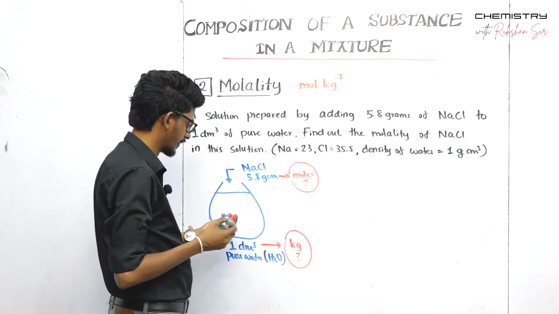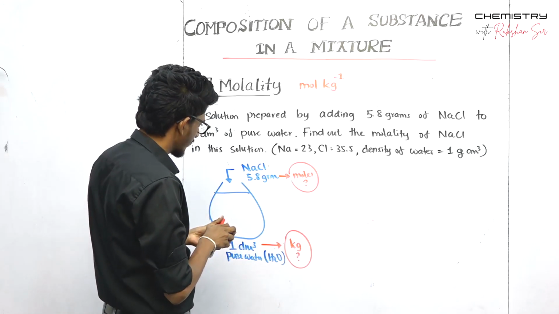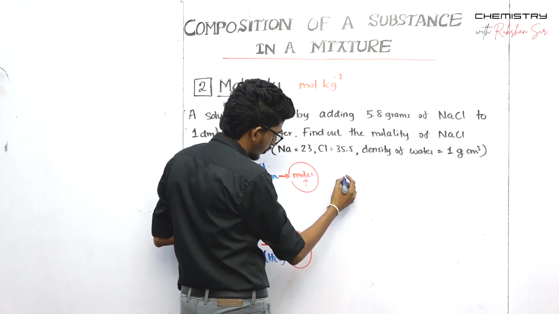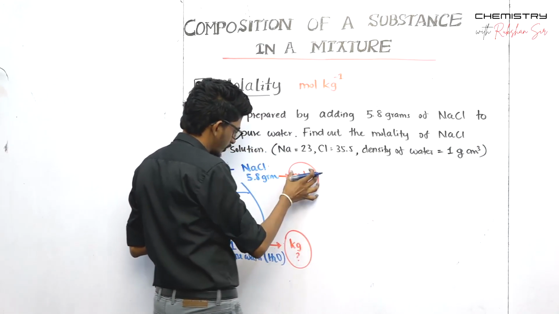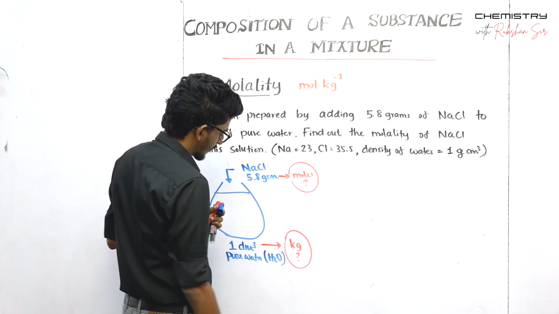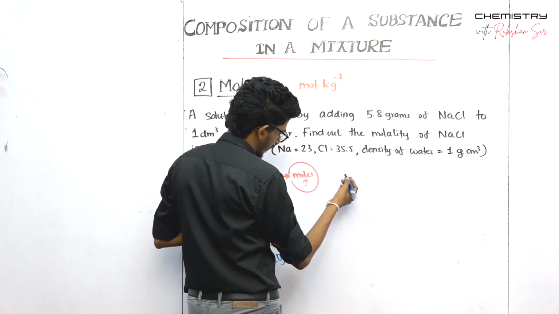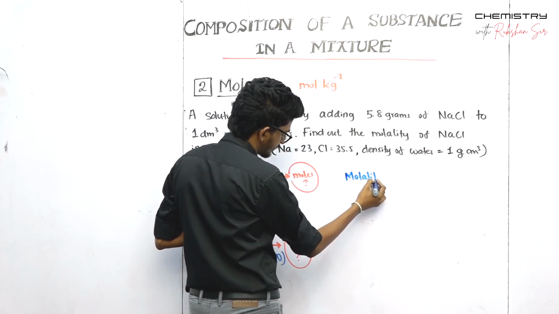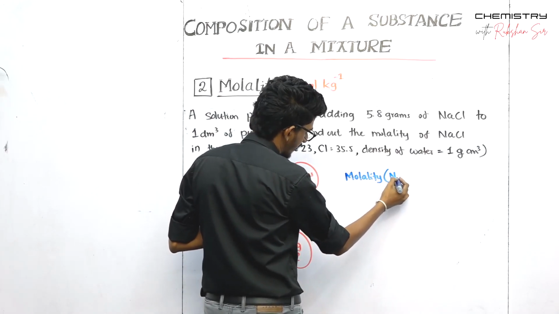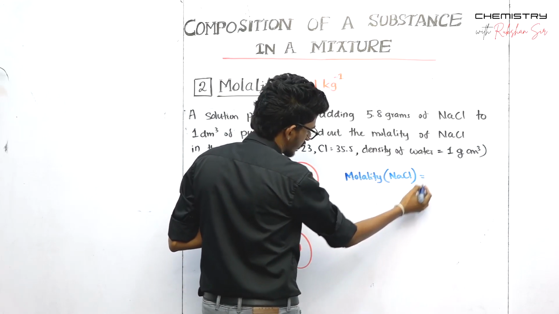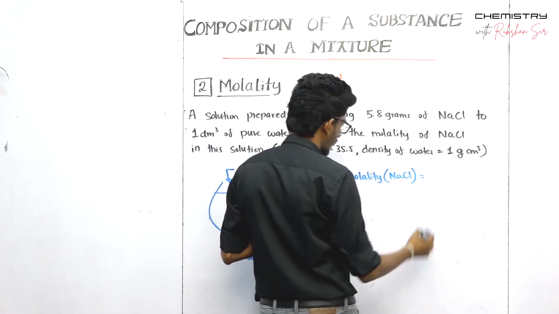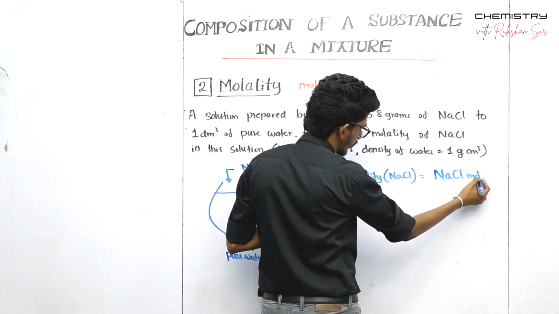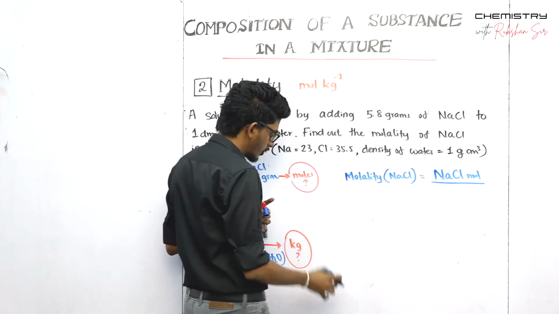What is the goal? I'm writing it again. Your goal is to find out the moles of the solute and the kilograms of the solvent. Molality of NaCl is actually moles of NaCl, moles of solute, divided by kilograms of solvent.